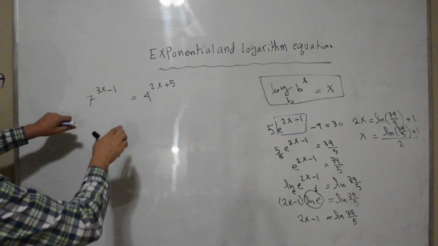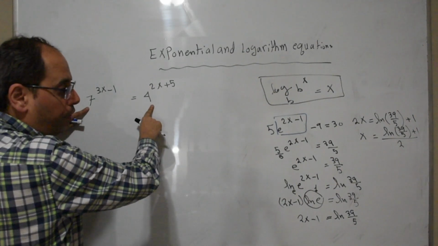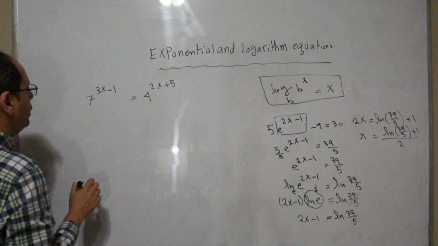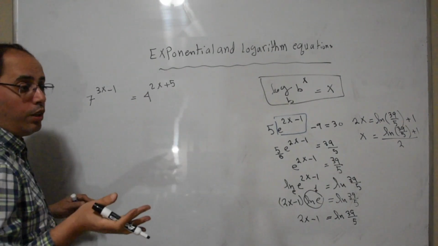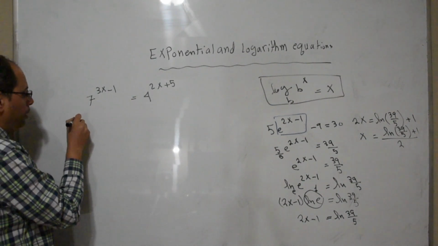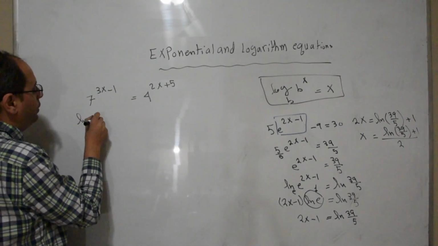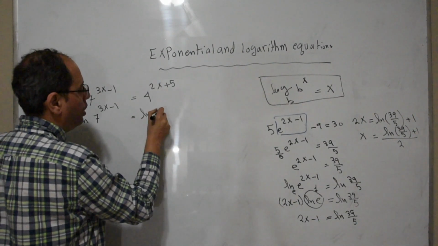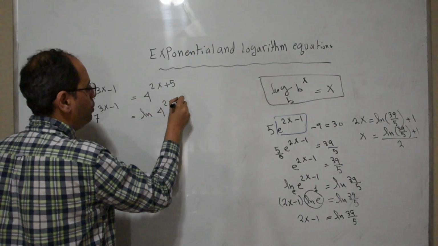Okay, again, these bases are relatively prime. I can't find a common base between them. So I'm going to take the natural log or the log. I like the natural log. The natural log of 7 to the 3x minus 1 equals the natural log of 4 to the 2x plus 5.